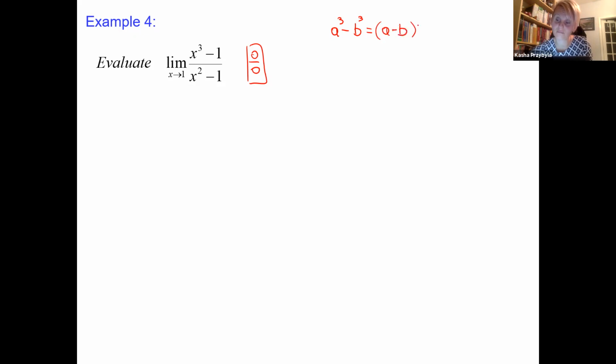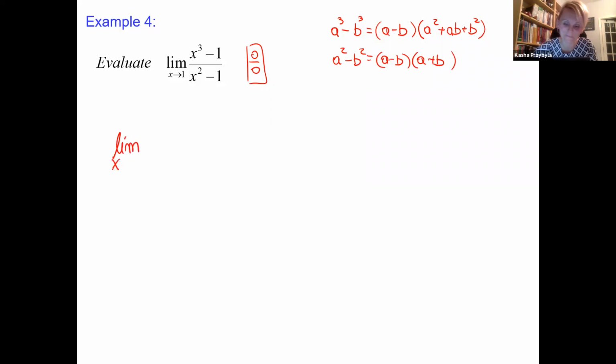This will be a minus b times a squared plus ab plus b squared. It's a little bit different, but that's the way to expand it. And of course, the denominator is a difference of squares. That's easy. Everybody knows this.